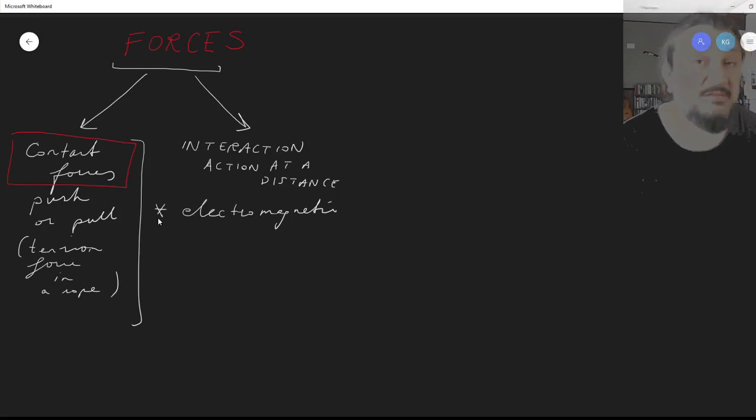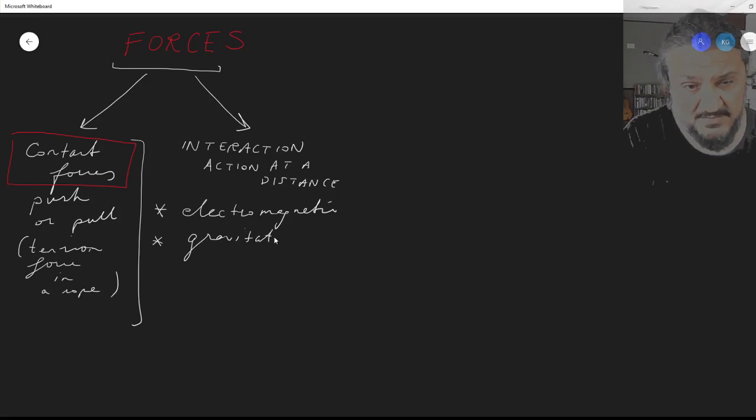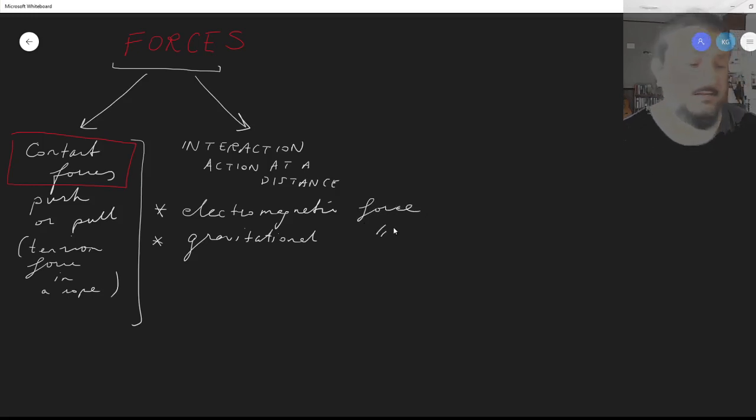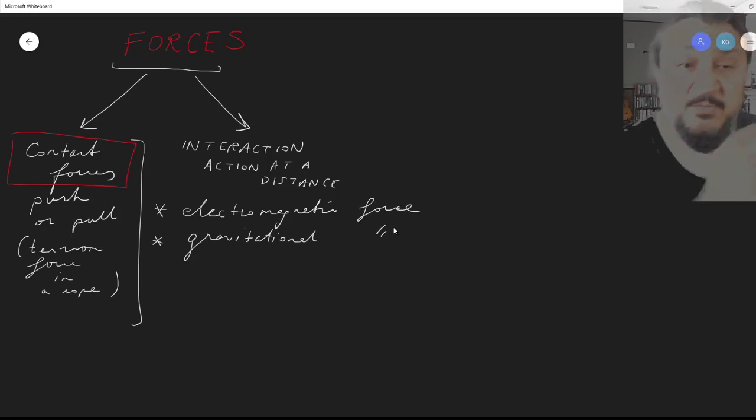Well, gravity. Gravitation. The sun attracts the earth 149 million kilometers away, but we still feel it, right? Gravity or gravitational forces. Electromagnetic force, gravitational force. So these are very famous two examples of interactions.